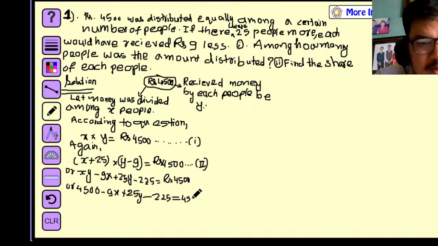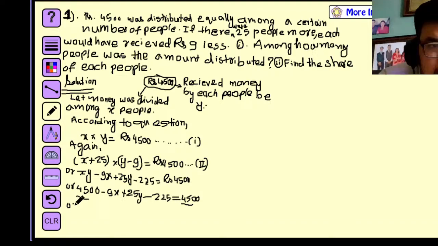I will keep the rupees for the last only. Now I'm solving only the values. This 4,500 and that 4,500 will be 0.